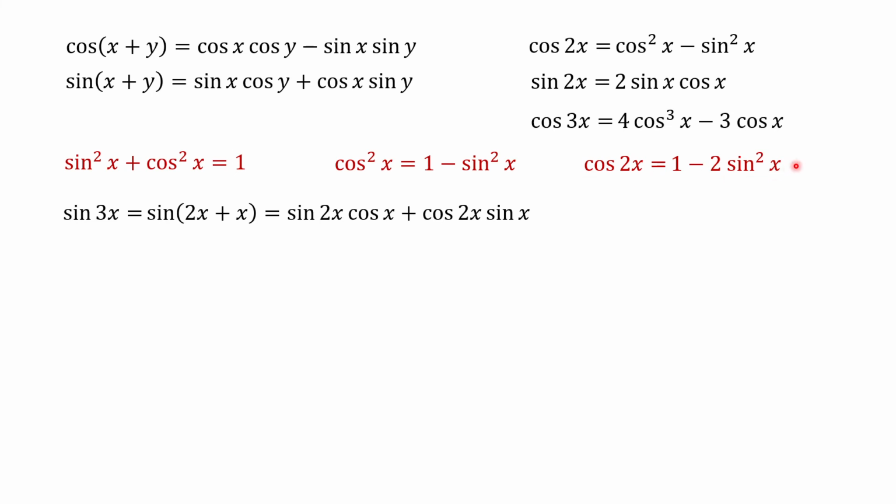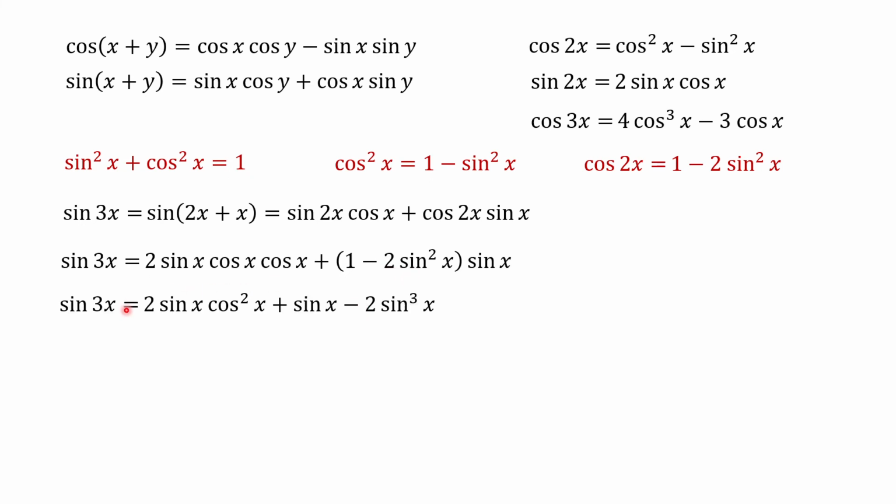We're going to use this formula for that: 1 minus 2 sine squared x. This is what we're going to get. Again, here we have 2 sine x cosine x times cosine x. This is cosine squared x. And here we can open up parentheses. We get 1 times sine x minus 2 times sine squared x times sine x, which gives us minus 2 sine cubed x.